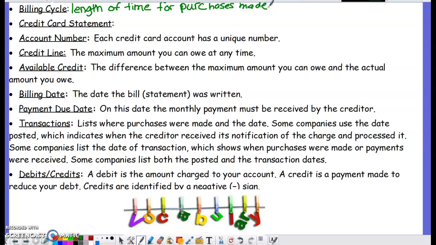So my billing cycle might be a month. So that means at the end of a month, that is when I would have to pay off my credit card. That's the billing cycle.